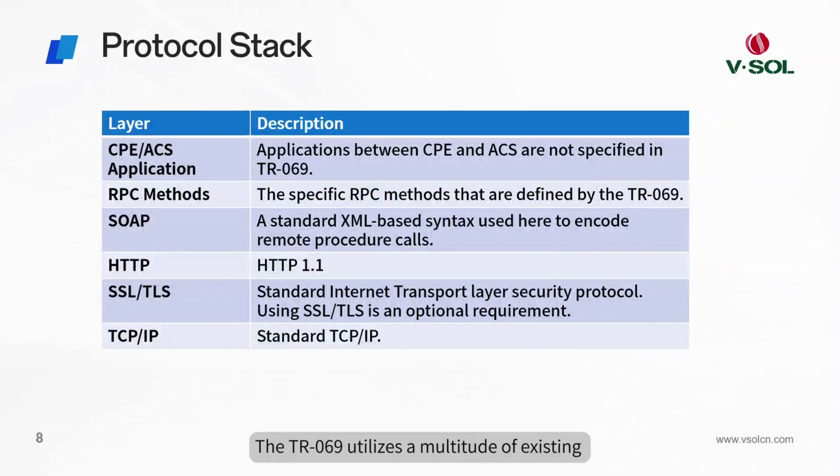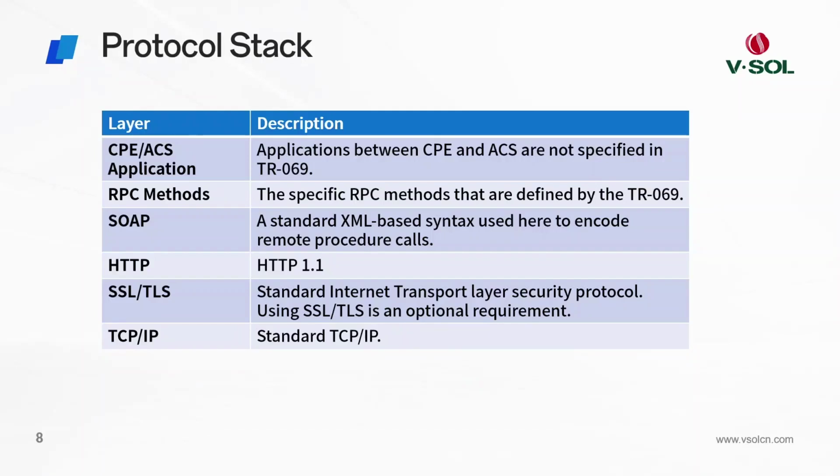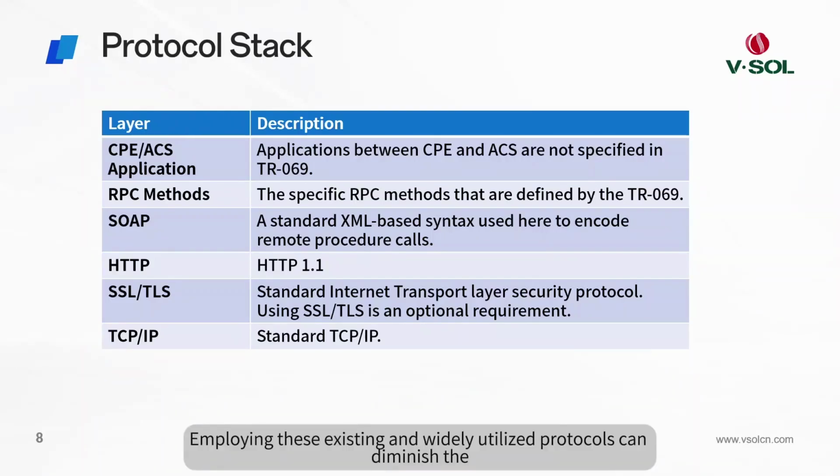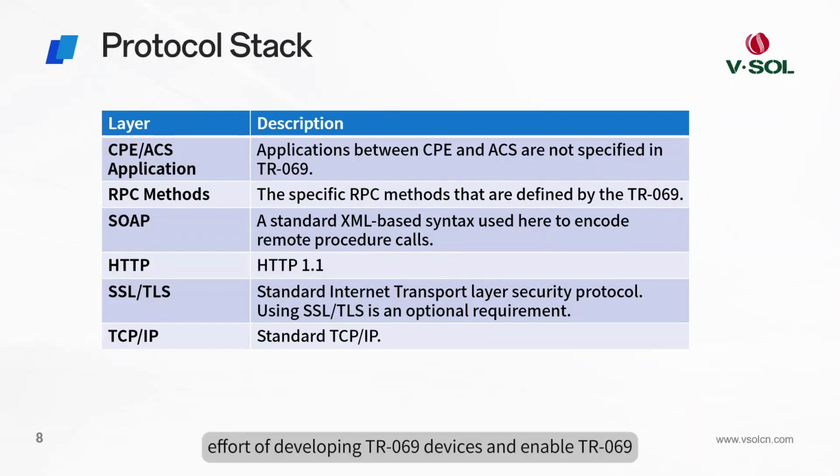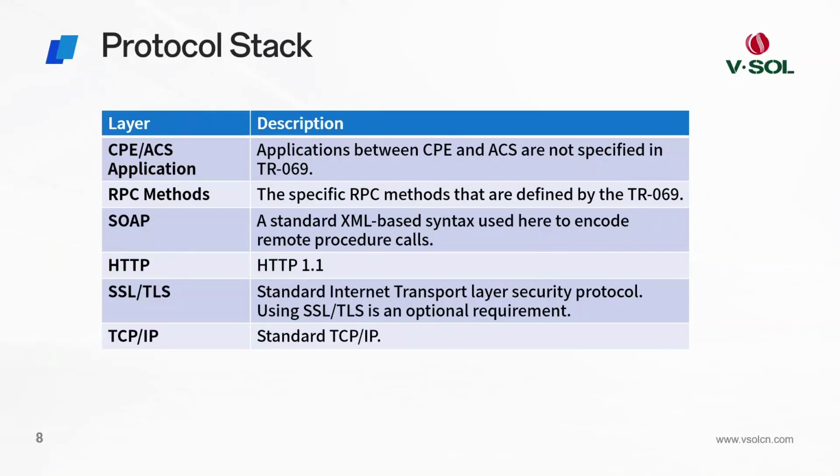The TR-069 utilizes a multitude of existing, standard protocols to achieve broad device support. Employing these existing and widely utilized protocols can diminish the effort of developing TR-069 devices and enable TR-069 devices to integrate more seamlessly into existing networks.